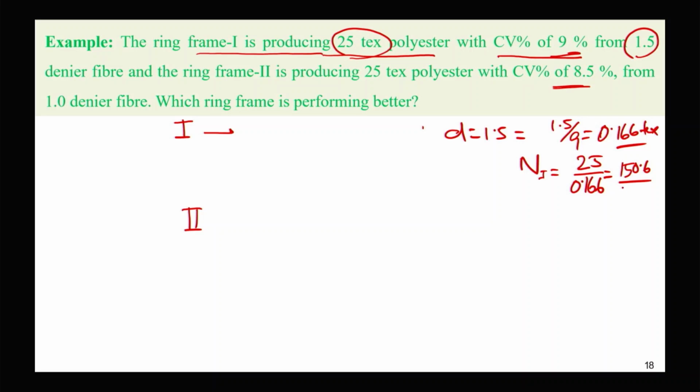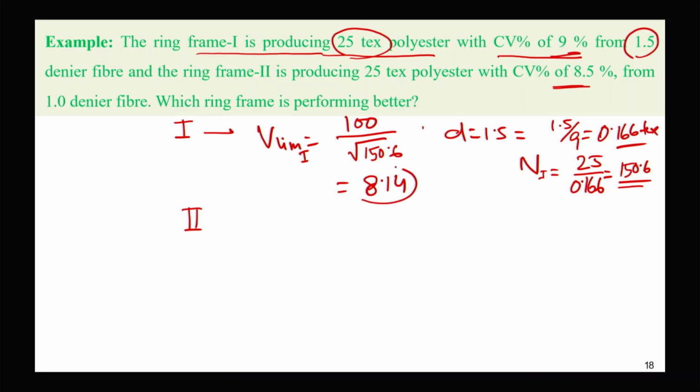Okay, now let us calculate the limit irregularity. V limit, as it is polyester fiber, it will be 100 by under root 150.6. Limit irregularity for ring frame 1 is 8.14.